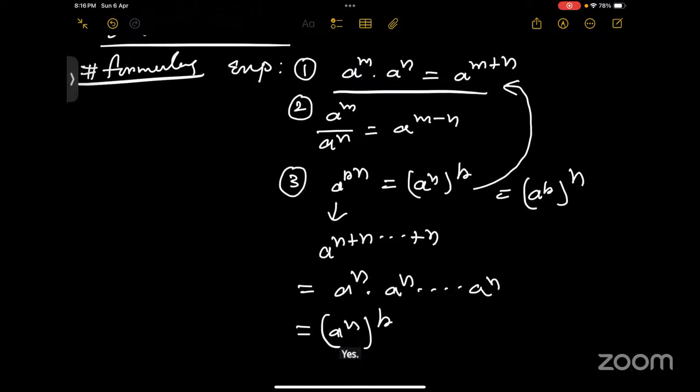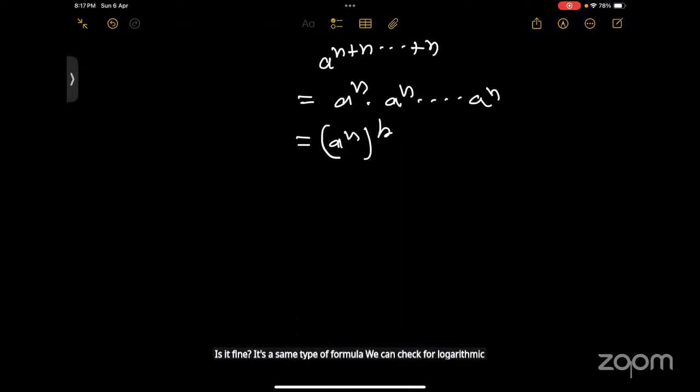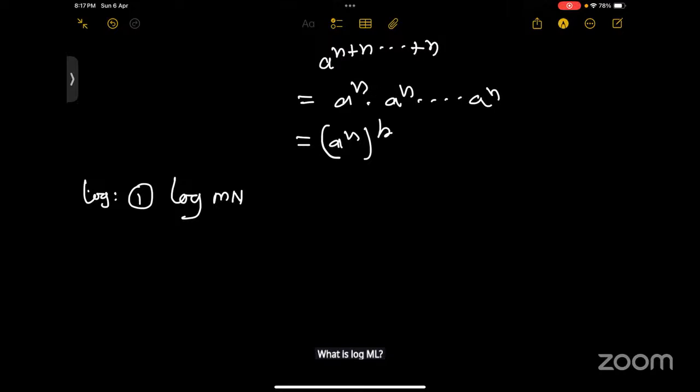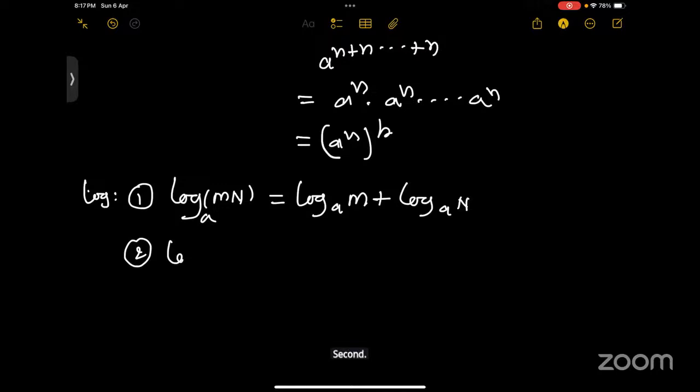The same type of formulas we can check for logarithmic functions too. So for logarithmic functions, we have first, what is log mn? Log m plus log n, correct, base c. Second, log m by n is log m minus log n, right?